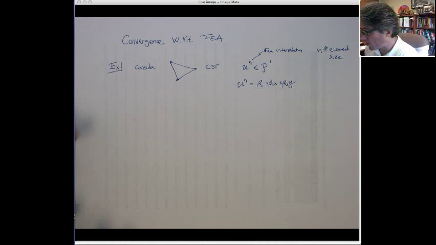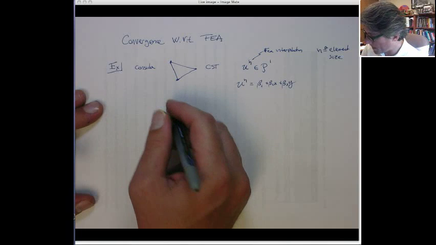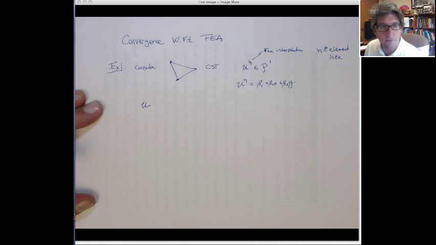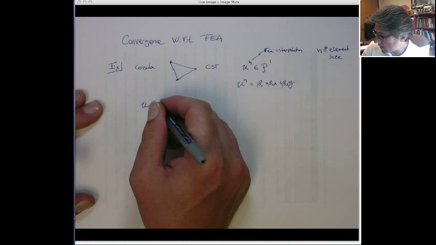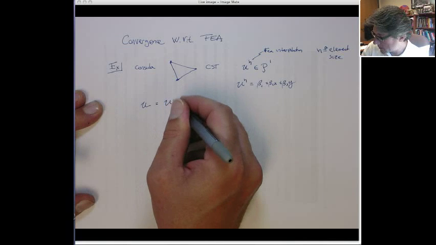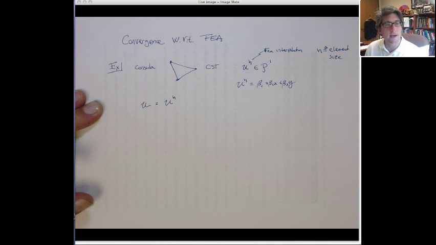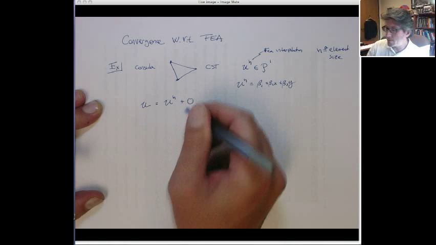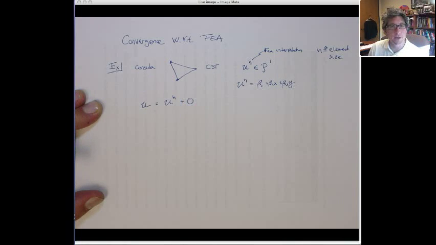So if you think about it, you could have any type of displacement field. So the actual displacement, we can think of it as the finite element interpolation plus higher order terms that are dropped in the interpolation.